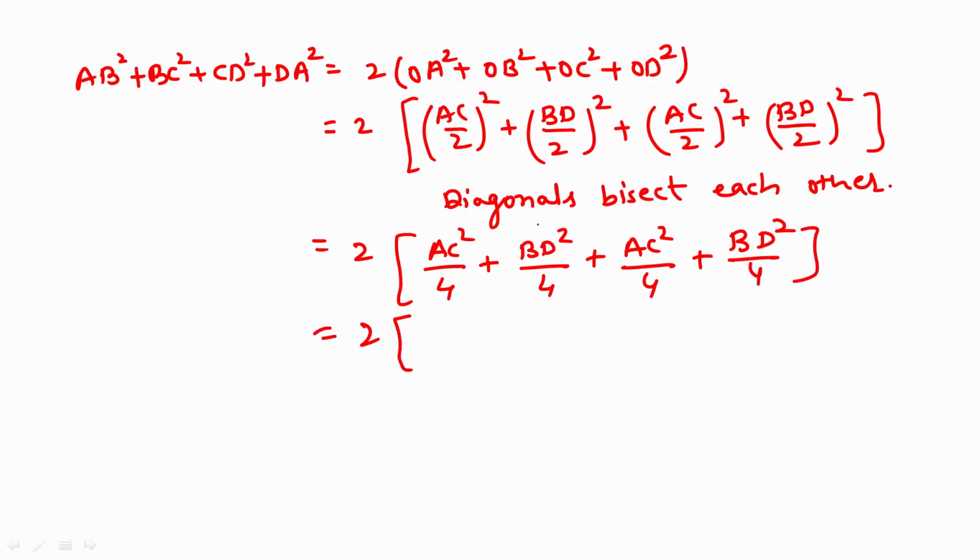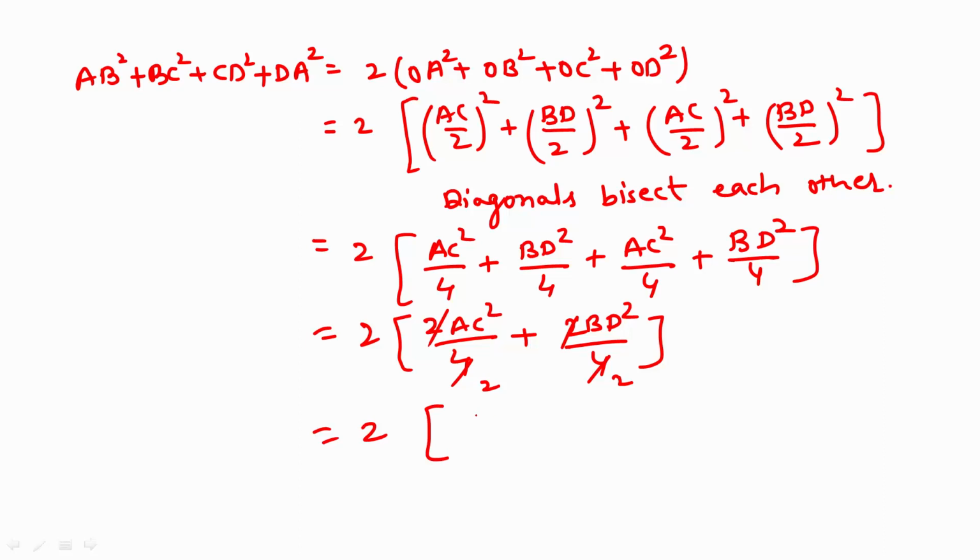That is 2 AC square by 4 plus 2 BD square by 4, and taking the LCM, 2 and 2 cancel out.